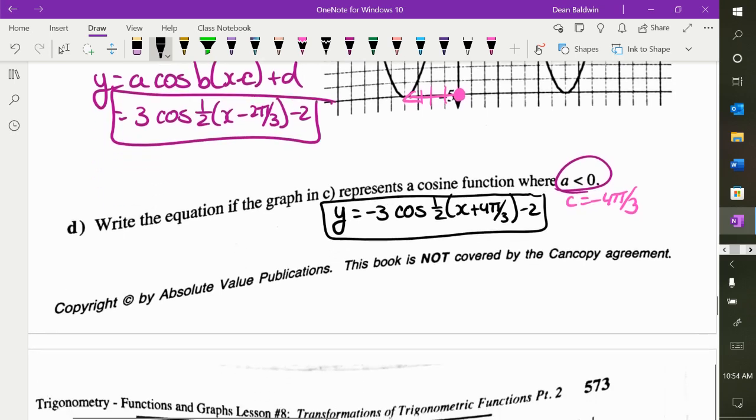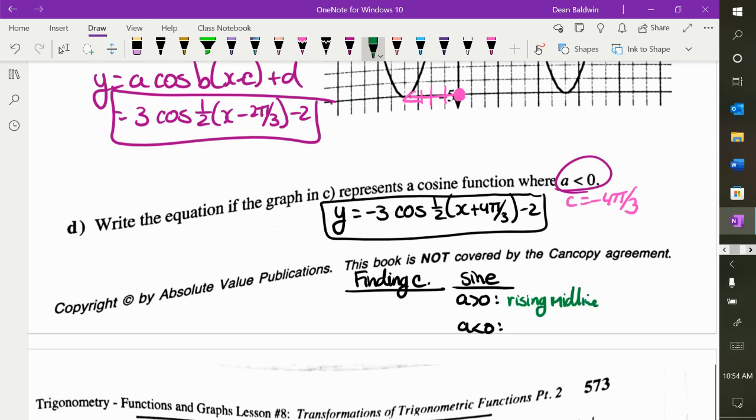All right. Here's your summary. If you're to find C for a sine graph, if A is positive, you're looking for a rising midline, which means it's the part of the graph going up that is closest to the midline.